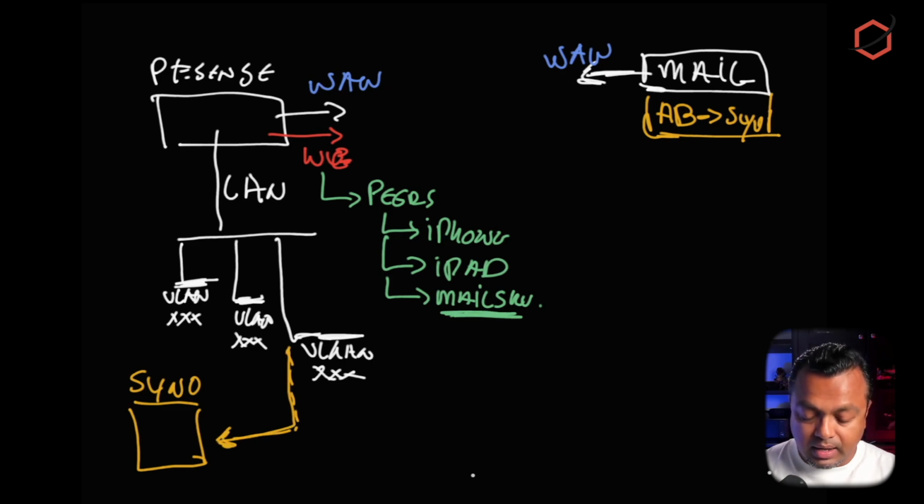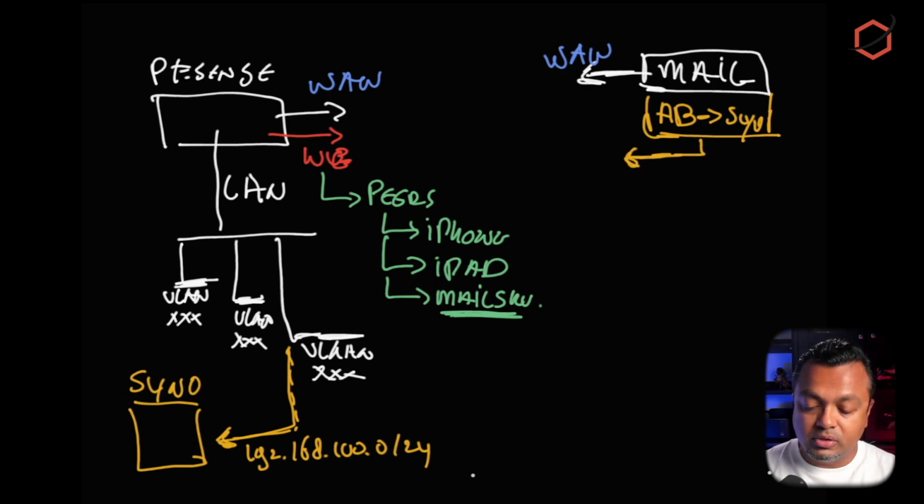Now, the IP range in this VLAN is 192.168.100.0/24. So obviously, this wants to connect to an IP address living in this subnet, because that's the way Active Backup works. It's an agent component that wants to connect to the server. The server is running on my Synology here.